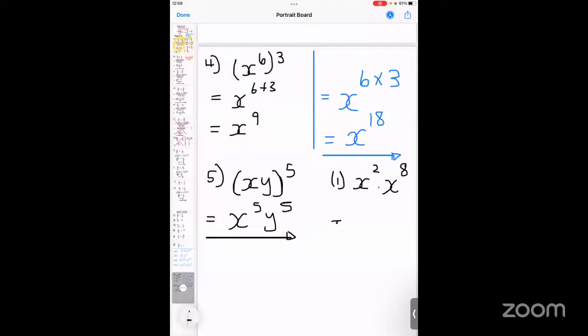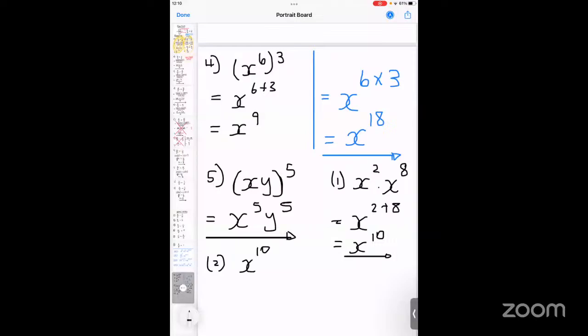Okay. This one, how would you work it out? We would say 2 x x to the power of 2 plus 8, which will give us x to the power of 10. X to the power of 10, 100%. Okay, maybe very quickly, another warm-up question.